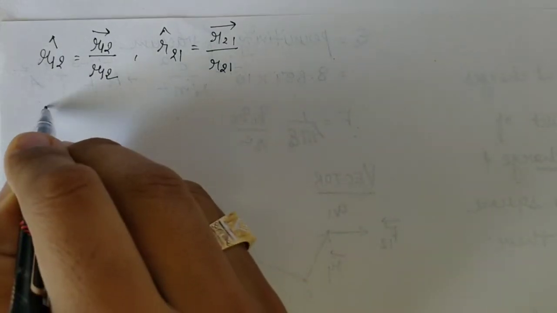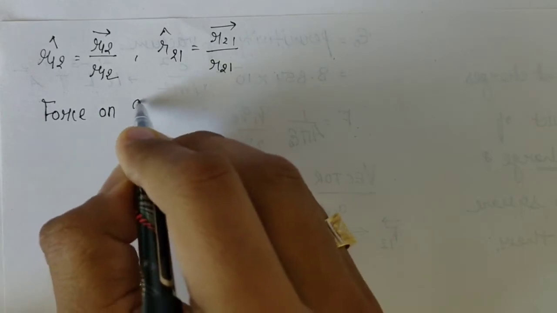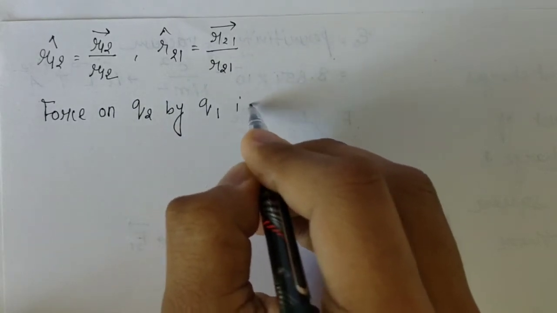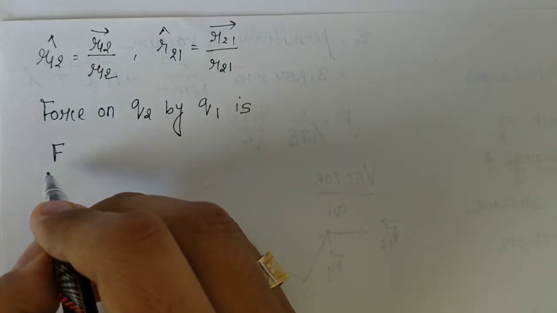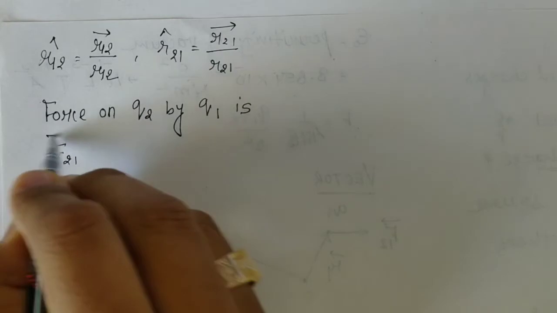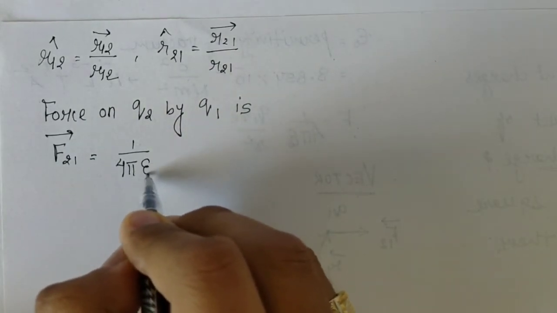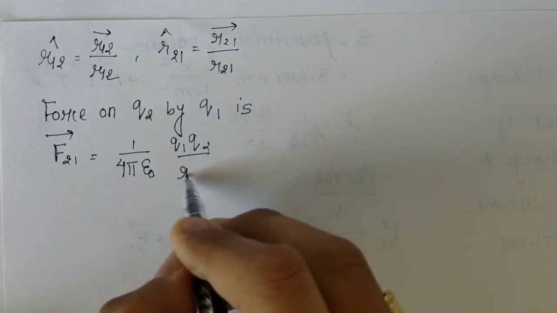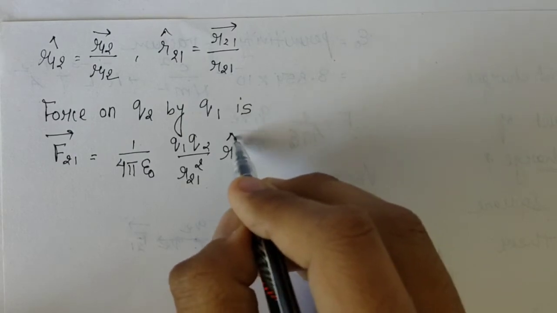Now, similarly, force on Q2 by Q1 is F21 equals 1 upon 4 pi epsilon naught Q1 Q2 divided by R21 square R21 caret.